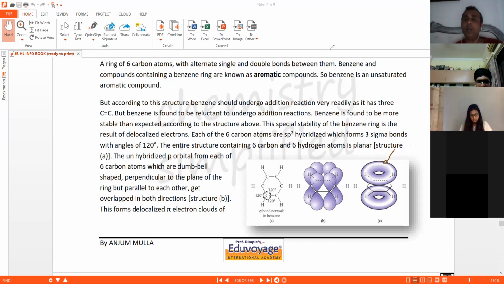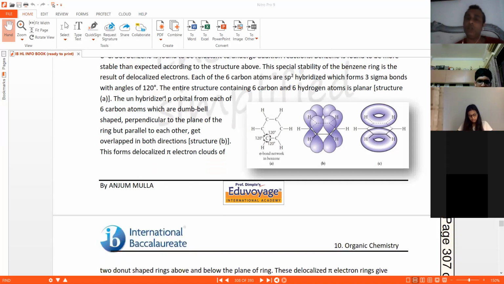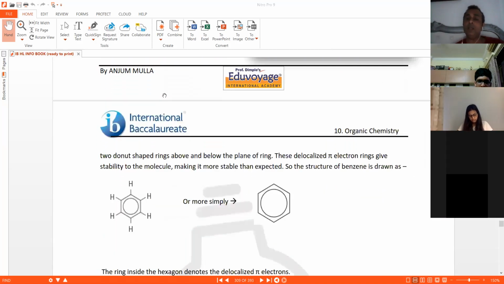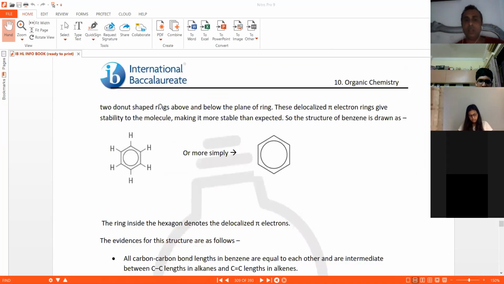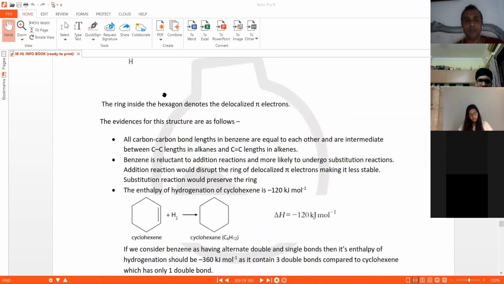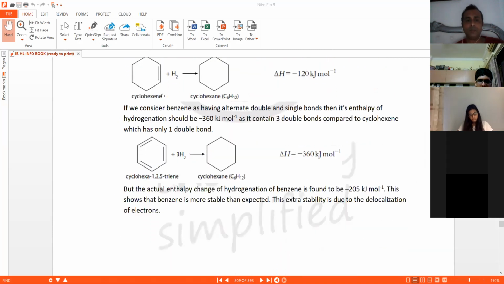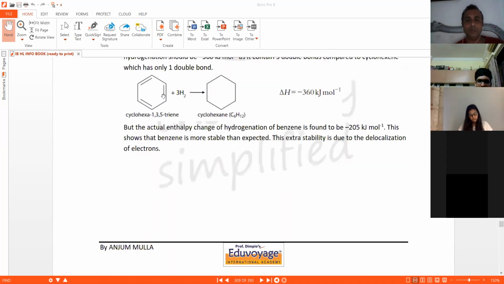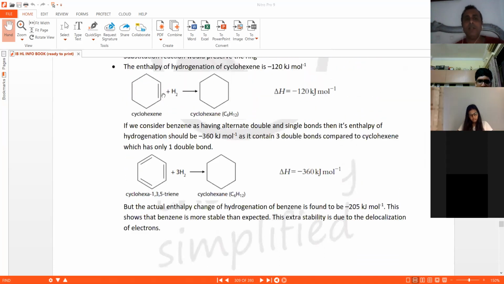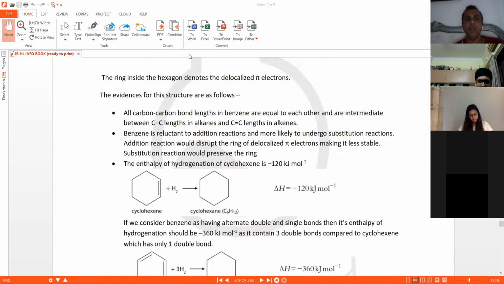This delocalized pi electron ring is extremely important for benzene, because of that ring, benzene gets some extraordinary properties. The stability of benzene is too much compared to what it should be. That's the reason benzene gives much different products than expected, because of this stability. These are the evidences for the structure.